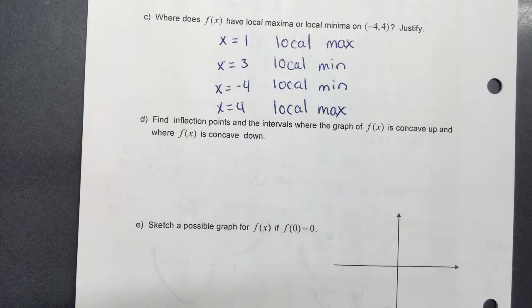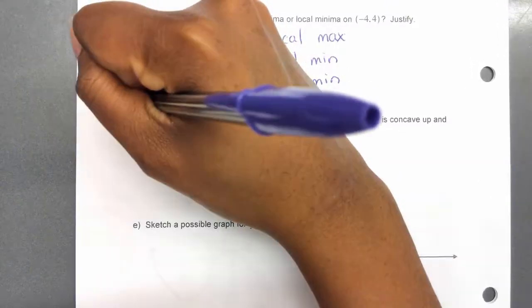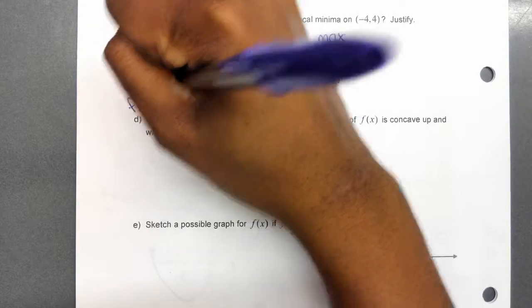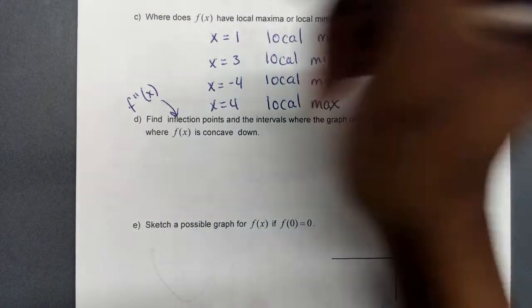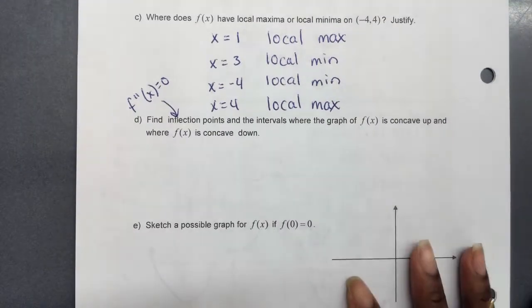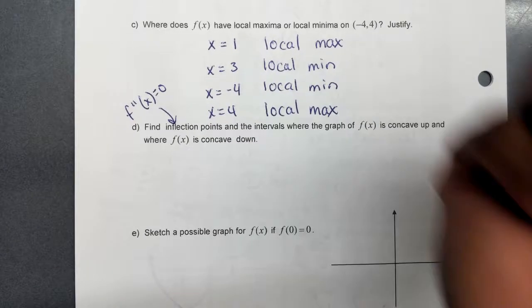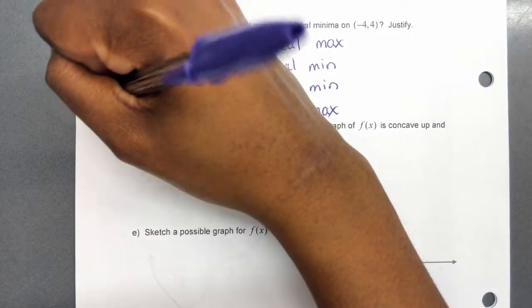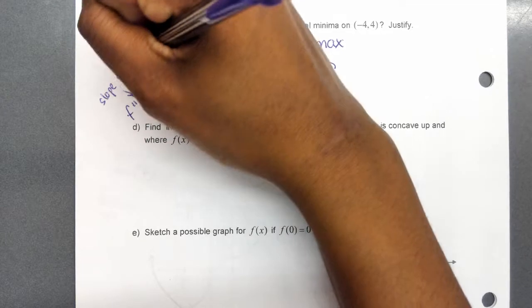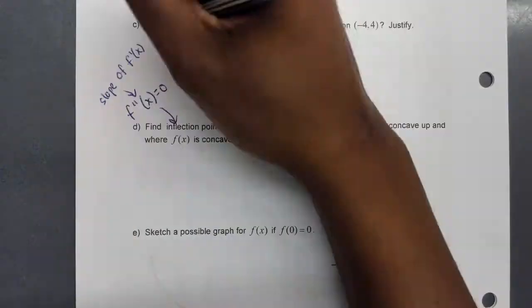Okay, so for part D, we want to find the inflection points. So inflection means that we're looking for f double prime of x equaling 0. So just a reminder, f double prime of x is the slope of f prime of x.